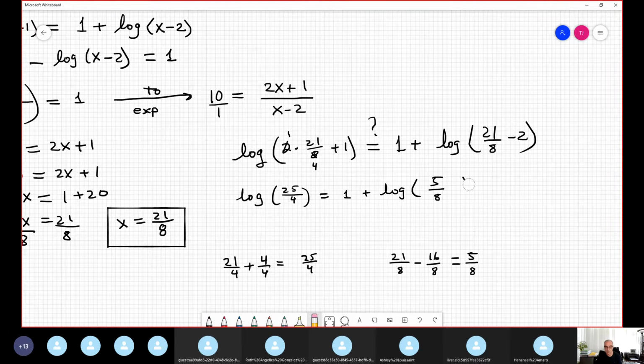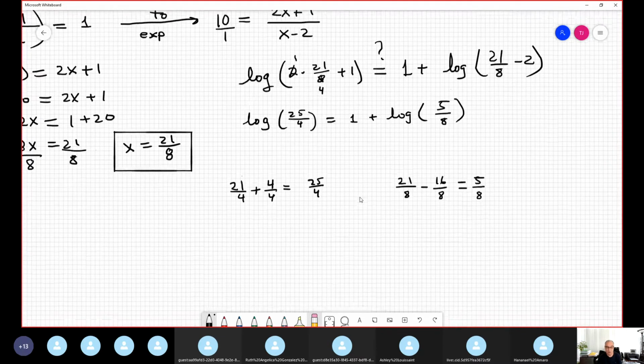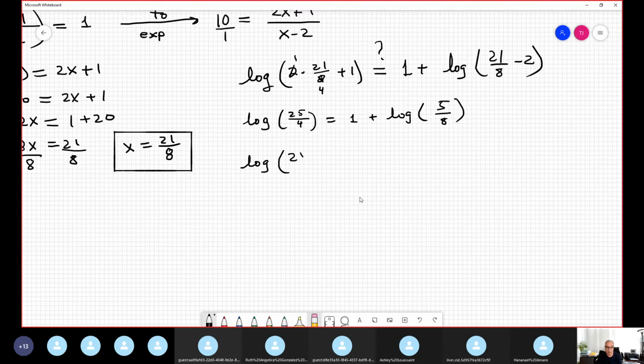How do I continue the proof of this statement? Well, I propose a similar idea for the solution. I bring the second logarithm to the left. It's logarithm of 25 over 4 minus logarithm of 5 over 8 should be 1.